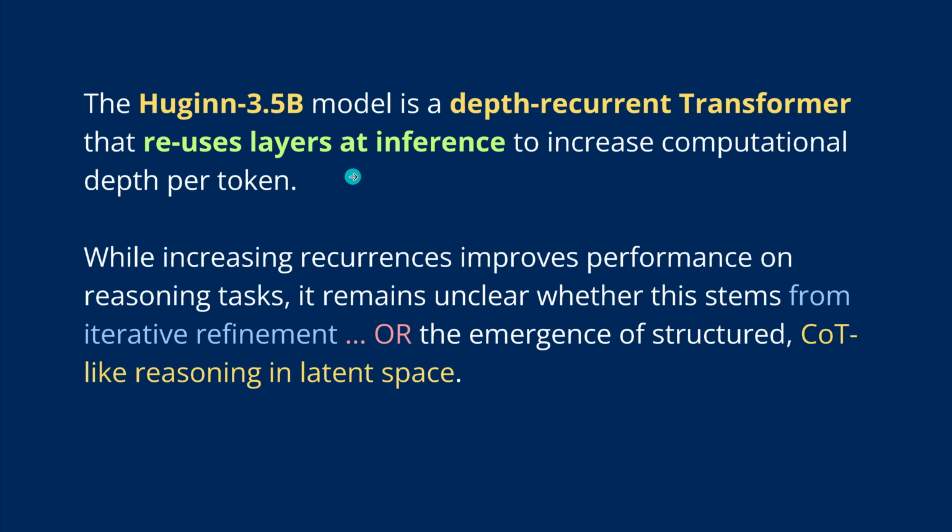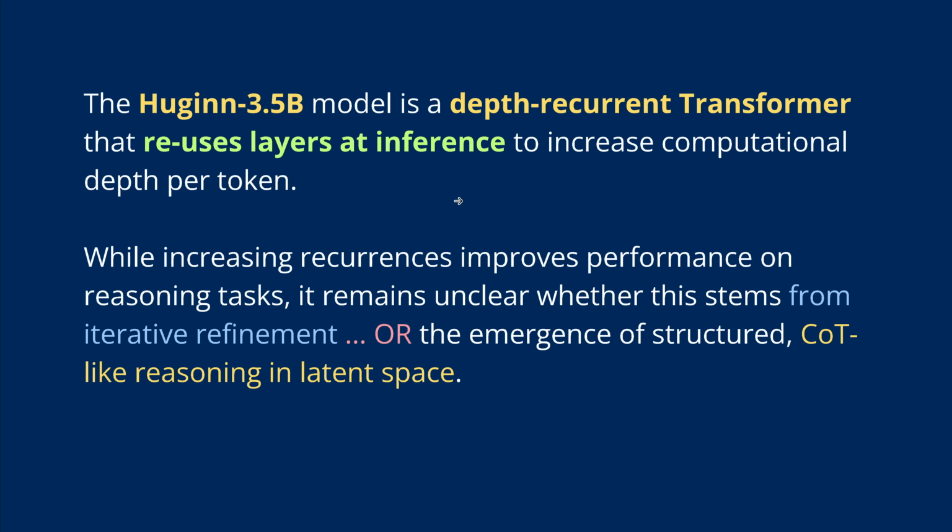And we have a model. Yes, absolutely. It's a depth-recurrent transformer that simply reuses its layers, its layer architecture at inference time multiple times. So we increase the computational depth per token, but we do not increase here the model size. So this sounds great.